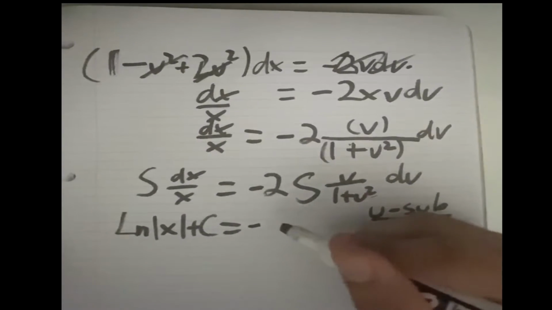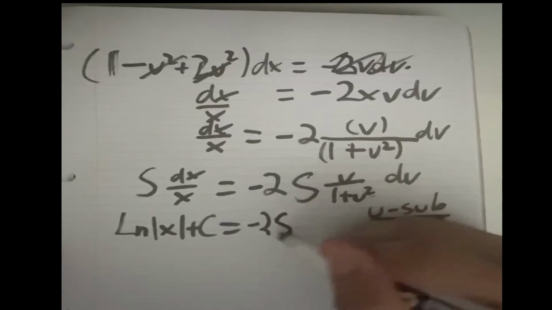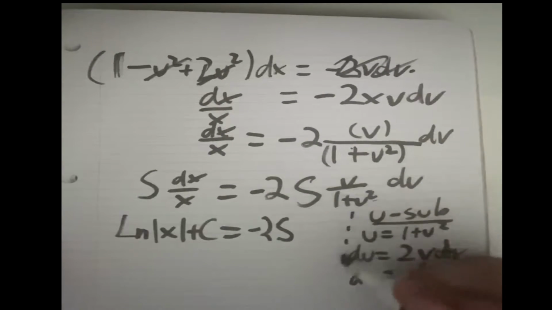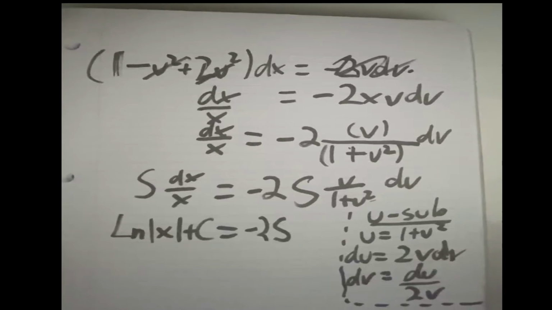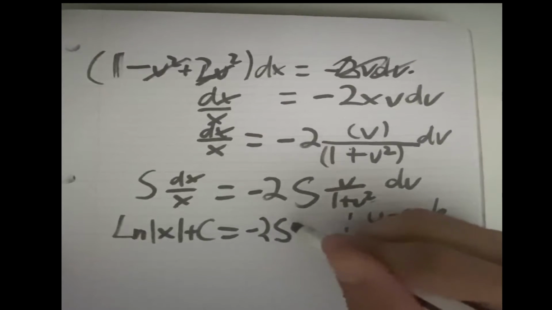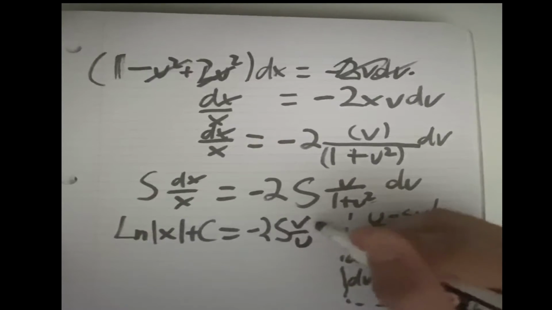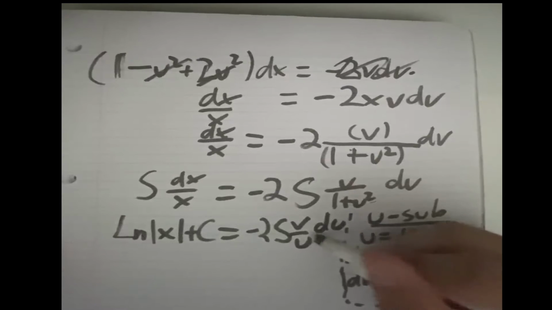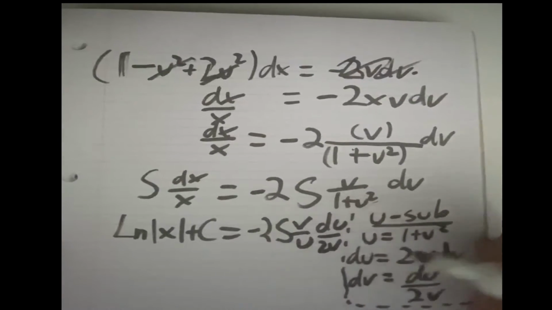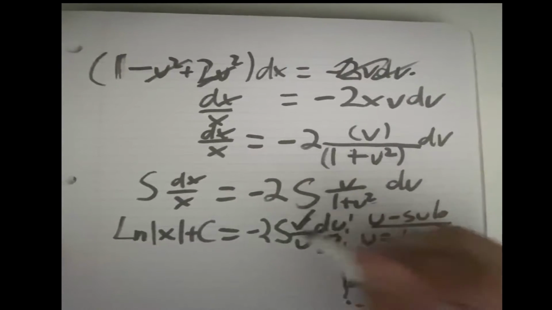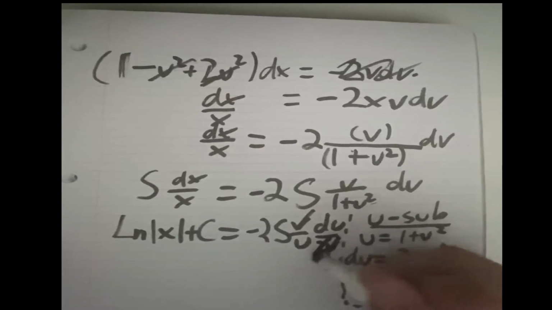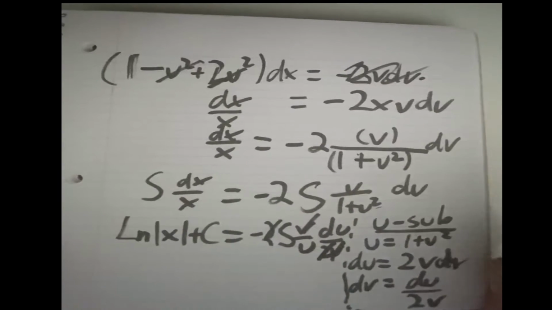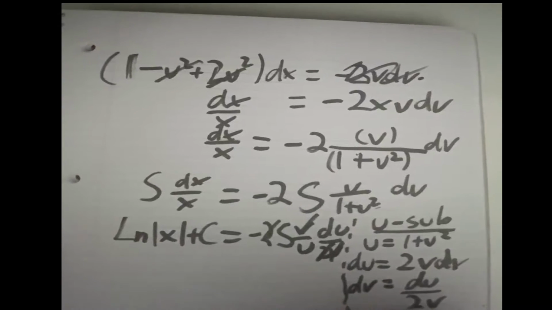So all we do now is substitute it back into the integral. So negative 2 integral sign, v over u, du over 2v. And we cancel out the v's. We cancel out the 2 on the denominator with the 2 outside of the integral sign, because they will cancel out when we pull it out.